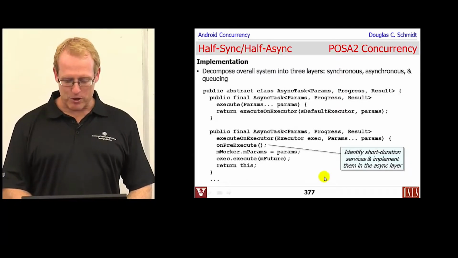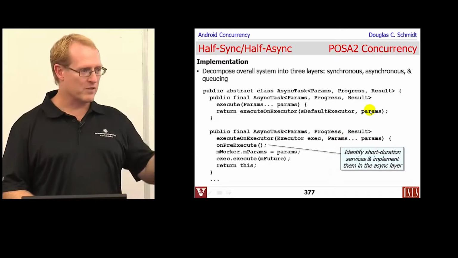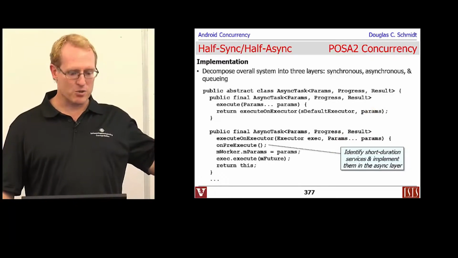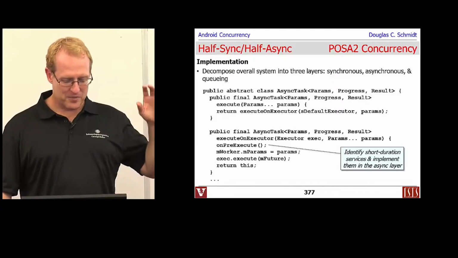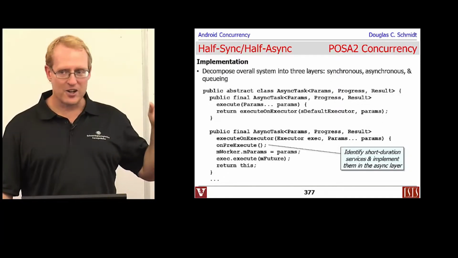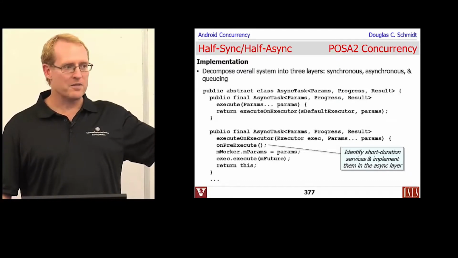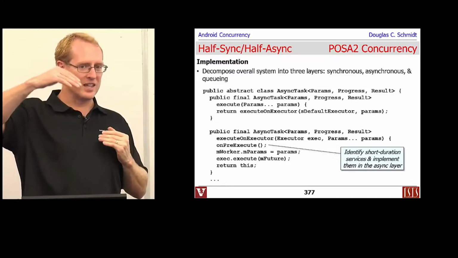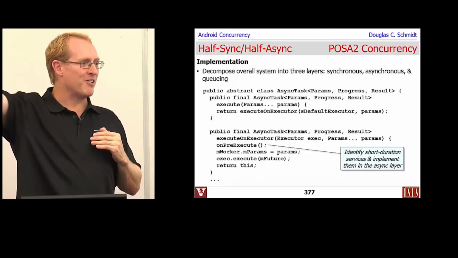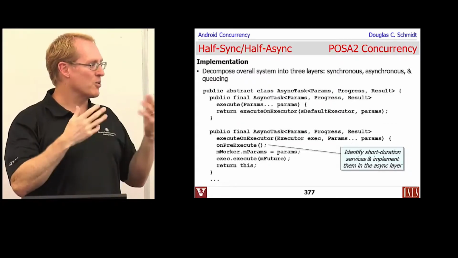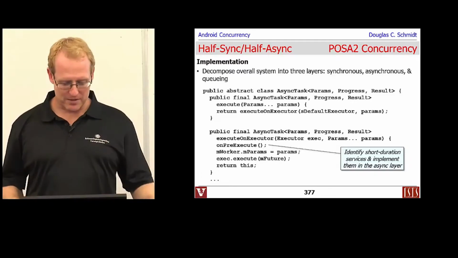And then it takes the parameters that were passed in here, which are whatever you called execute with, and it sticks them into a data structure. And then it says exec, which is this executor, execute, and it passes in something called a future. And the future is going to be used so that the guy who ends up running this thing in the background later can communicate back to the user interface thread to do things like give progress updates and other kinds of stuff.